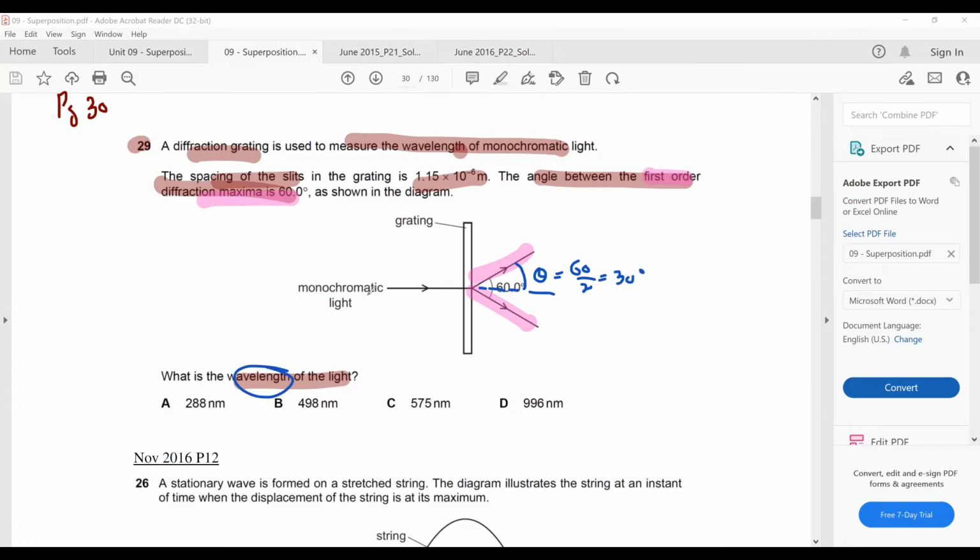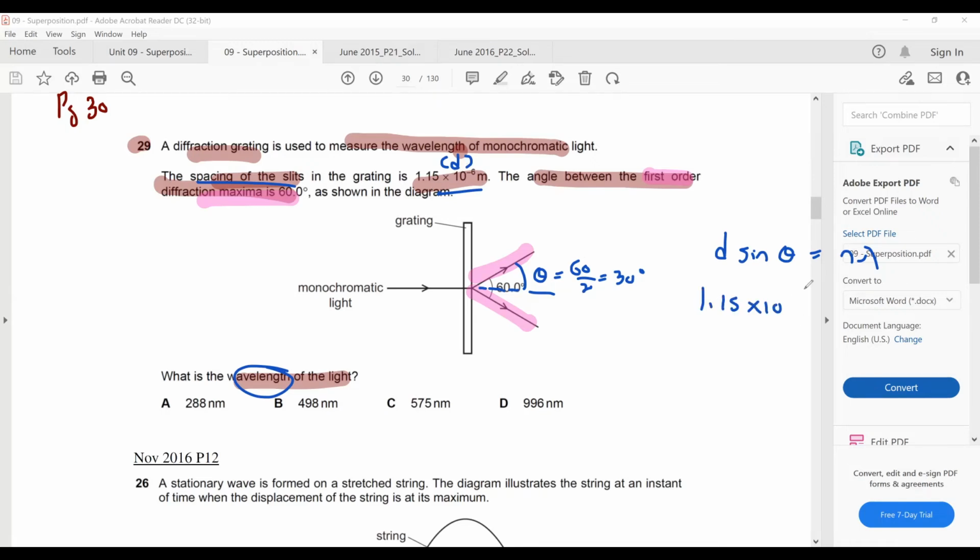For the wavelength of light, d sine theta equals n lambda. The value that they gave here is actually d itself. So read your questions carefully. Sometimes they will give you a number of lines per millimeter, per meter, or just the spacing itself. In your case, they're giving you the spacing itself.